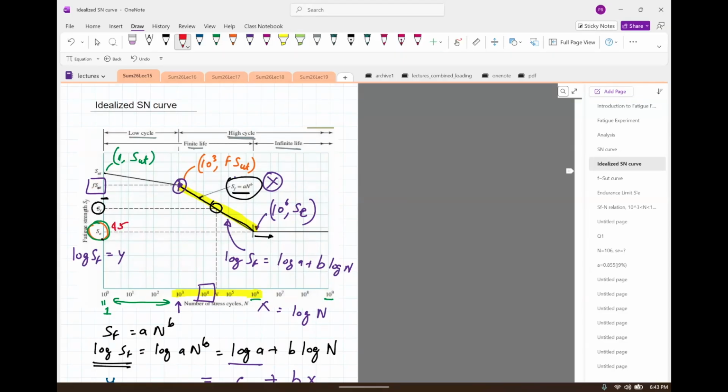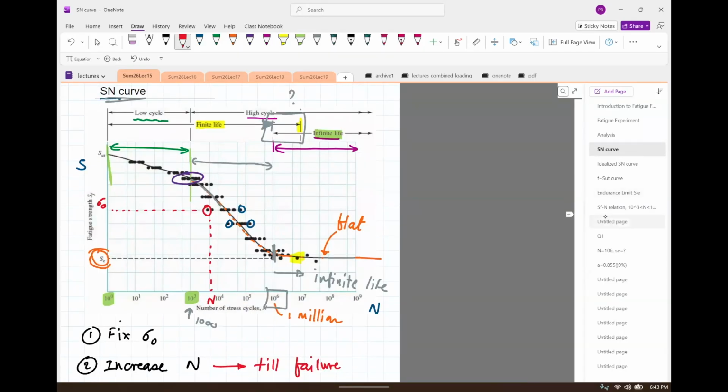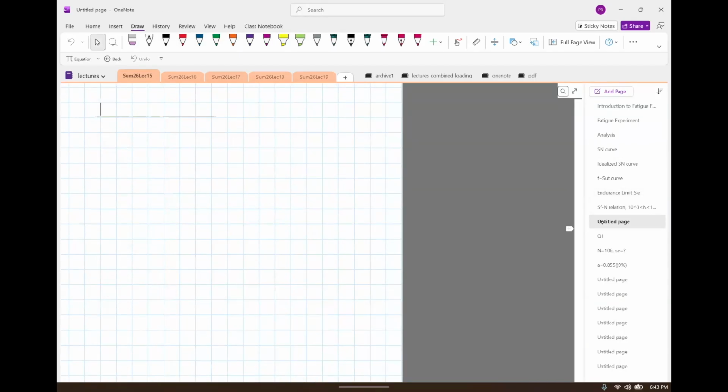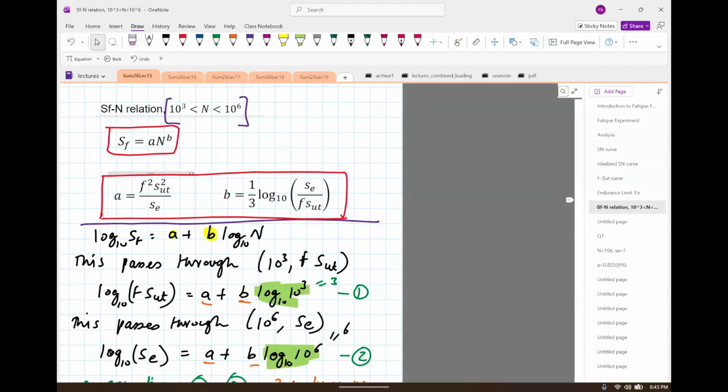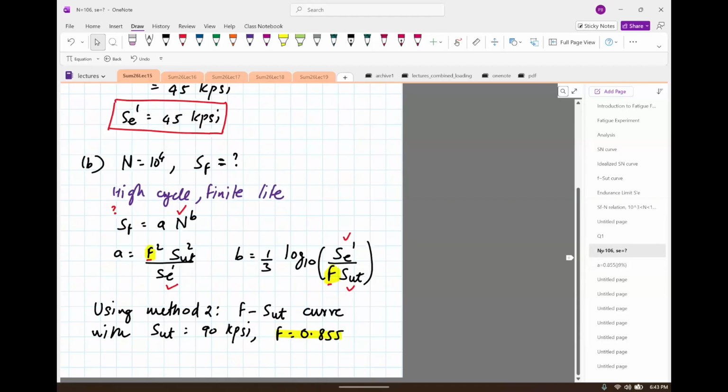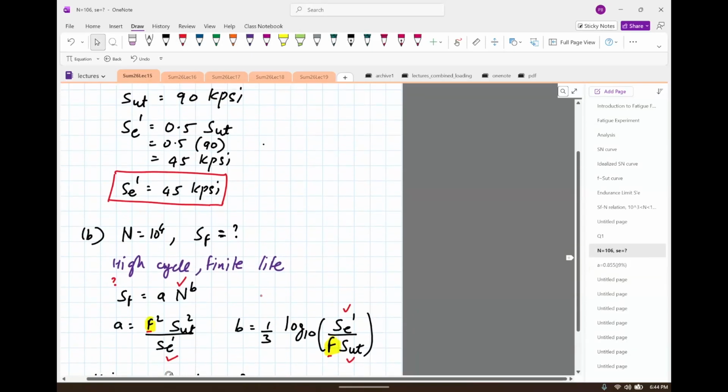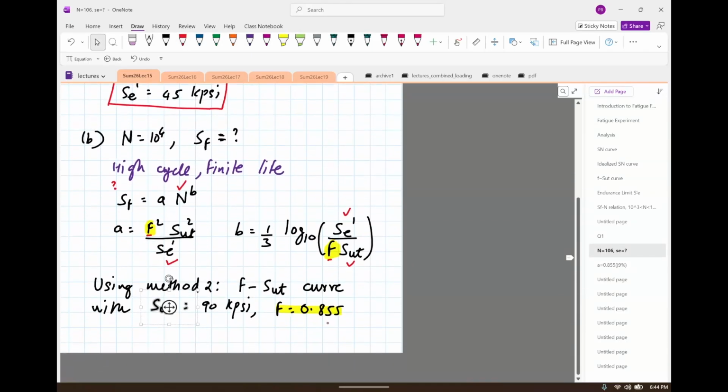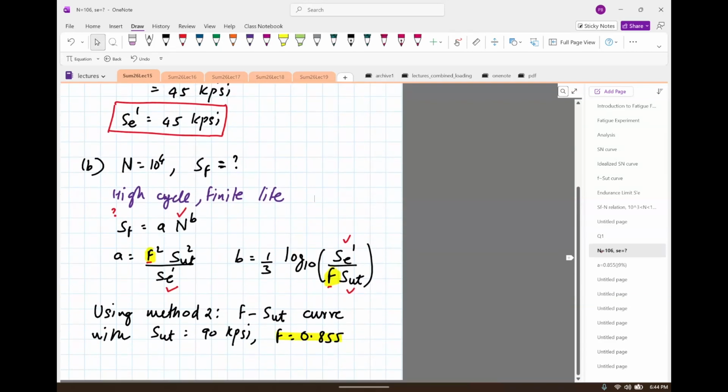And we know that F SUT is 0.855, around 0.86. So F was 0.855 times SUT. SUT was 90. I'm just going to quickly compute 0.855 times SUT. So it's 76.95.